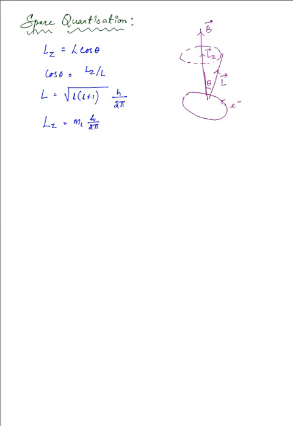These values you know, that is l and ml, the orbital and magnetic quantum numbers respectively.